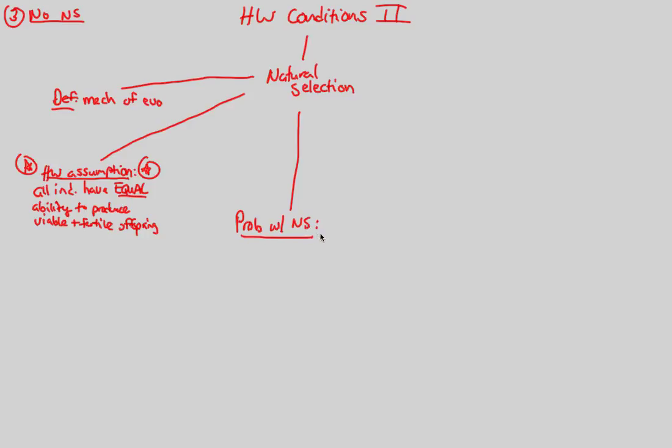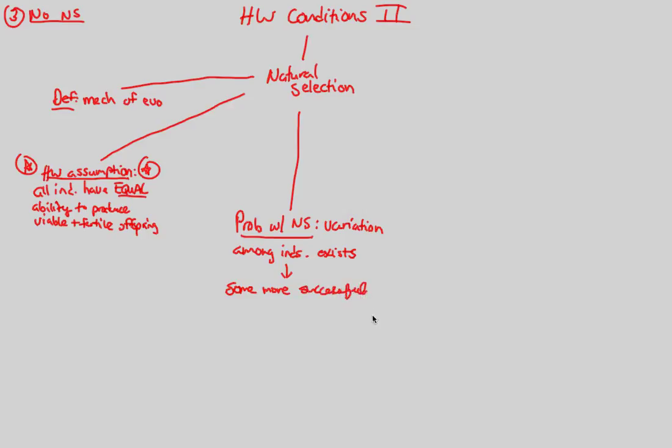Why? Because there's a problem, and the problem is the following. If we have natural selection, then what we have is what we call variation, of course, and this variation among individuals exists very, very much so. This is not good for a Hardy-Weinberg perfect scenario, because what happens, just like we've been alluding to, is that some individuals become more successful than others, right?